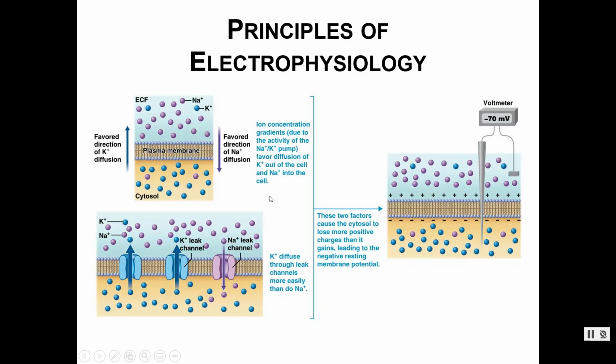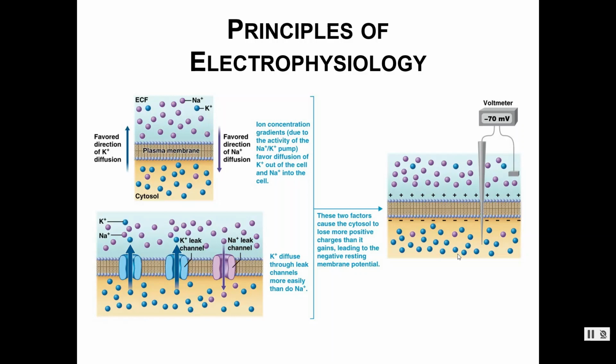Now, just in case you have forgotten, there are factors that help us reach and maintain this negative 70 millivolt resting membrane potential. First of all, we have the sodium-potassium pump. Keep in mind that we are pumping sodiums back out of the cell and potassiums back into the cell.